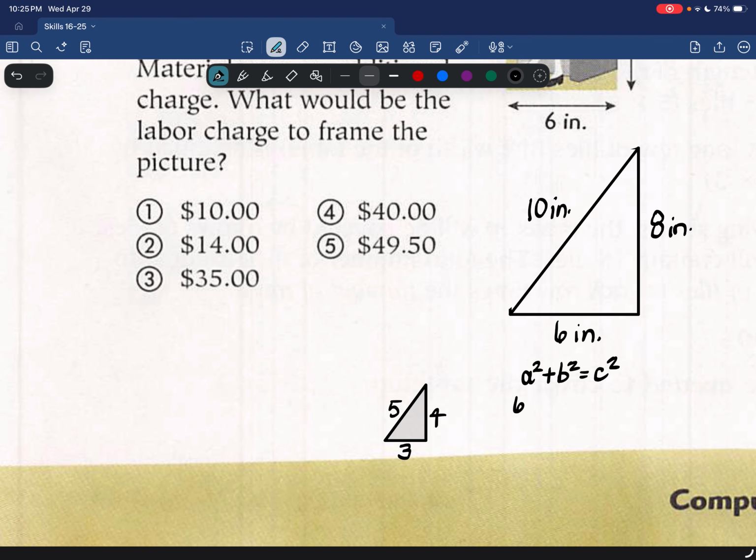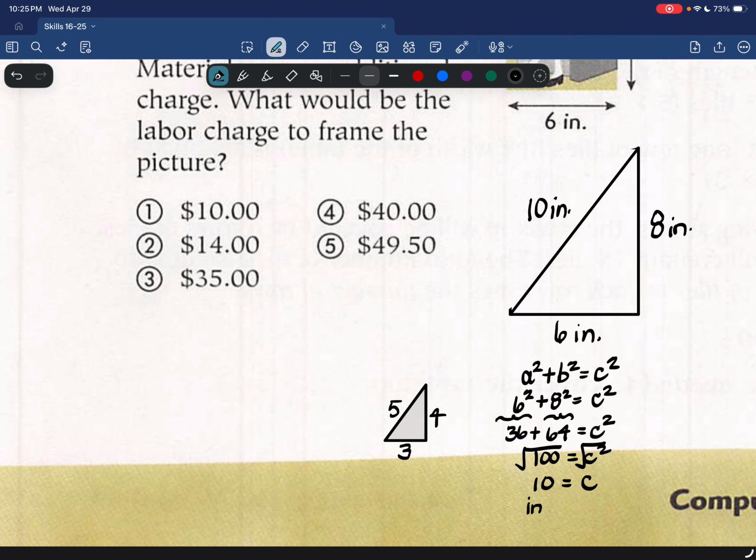We know 6 squared and 8 squared. We're looking for c squared. 6 sixes are 36. 8 eighths are 64. And then I add them together. That'll give me c squared. That is 100 is c squared. And the square root of 100 is 10.